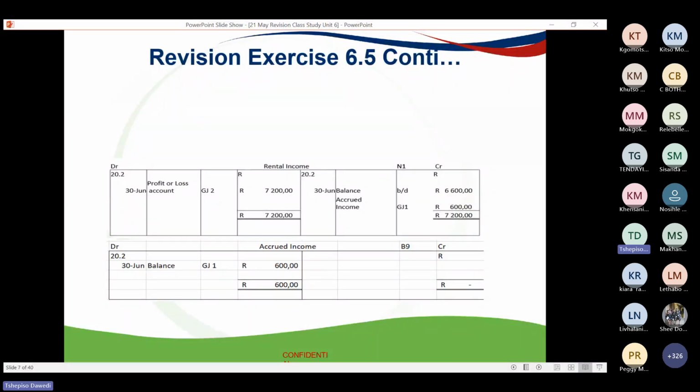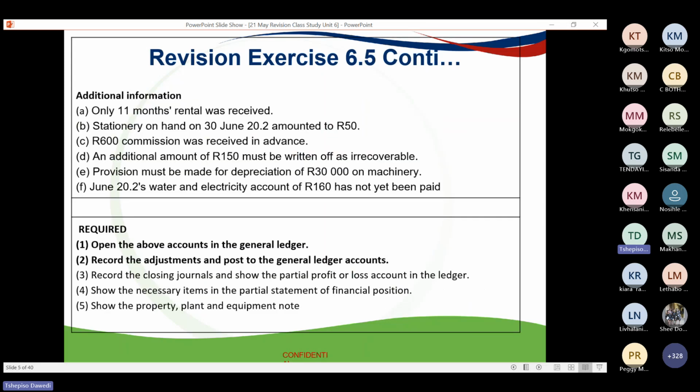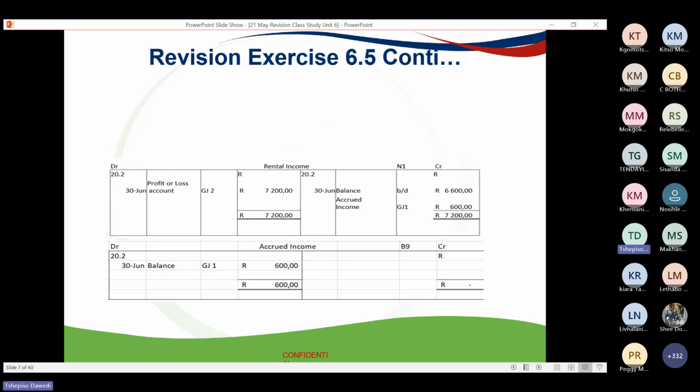If you look at the first additional information, part A, it says only 11 months of the rental was received. If you were to break down this particular requirement, you'd have to open the above accounts in your general ledger. So you'd record your accounts in this way.